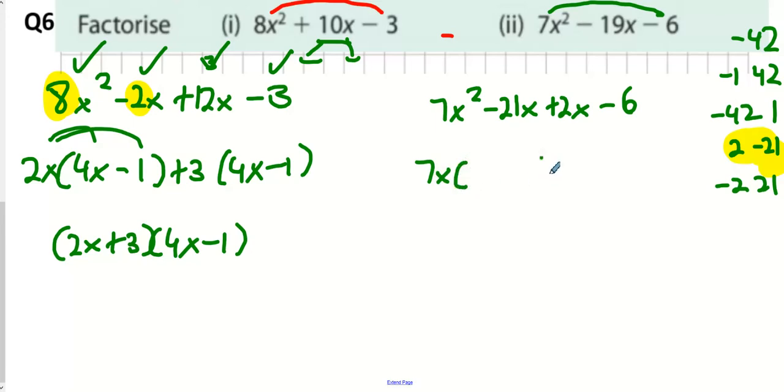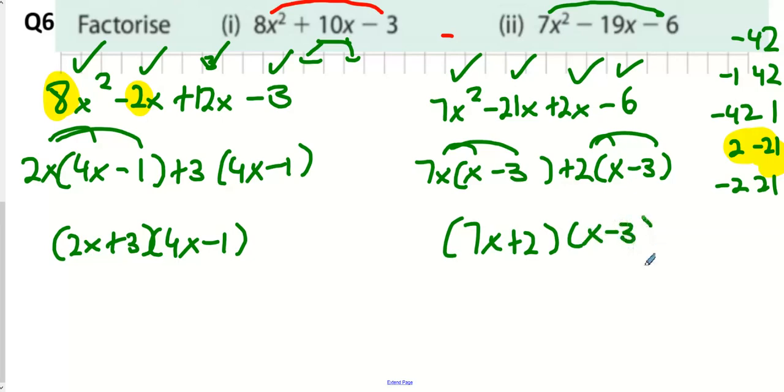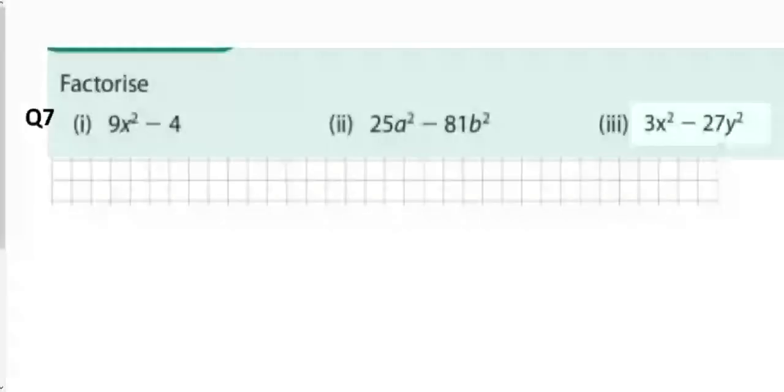So 7x multiplied by x is 7x squared. 7x multiplied by minus 3 is minus 21x. And then 2 into x minus 3 is 2x minus 6. And lo and behold, it's 7x plus 2 and x minus 3 is your answer. And that is question 6 done.